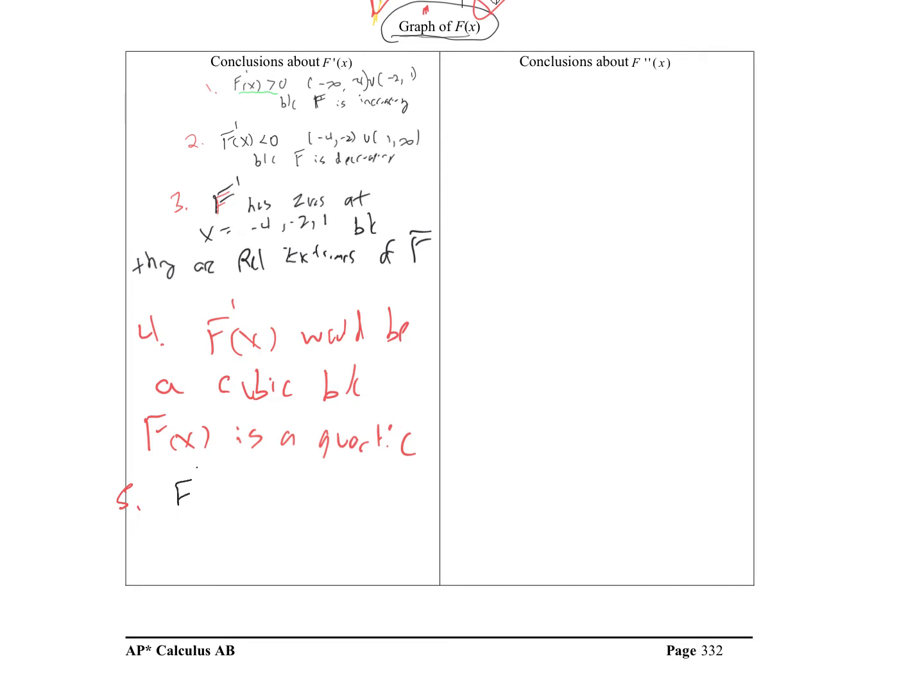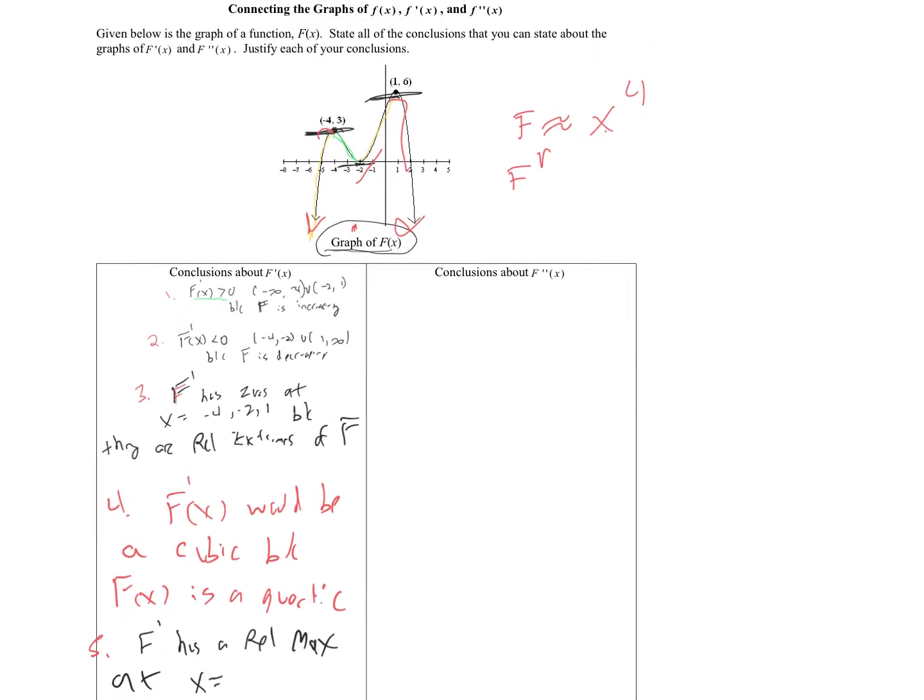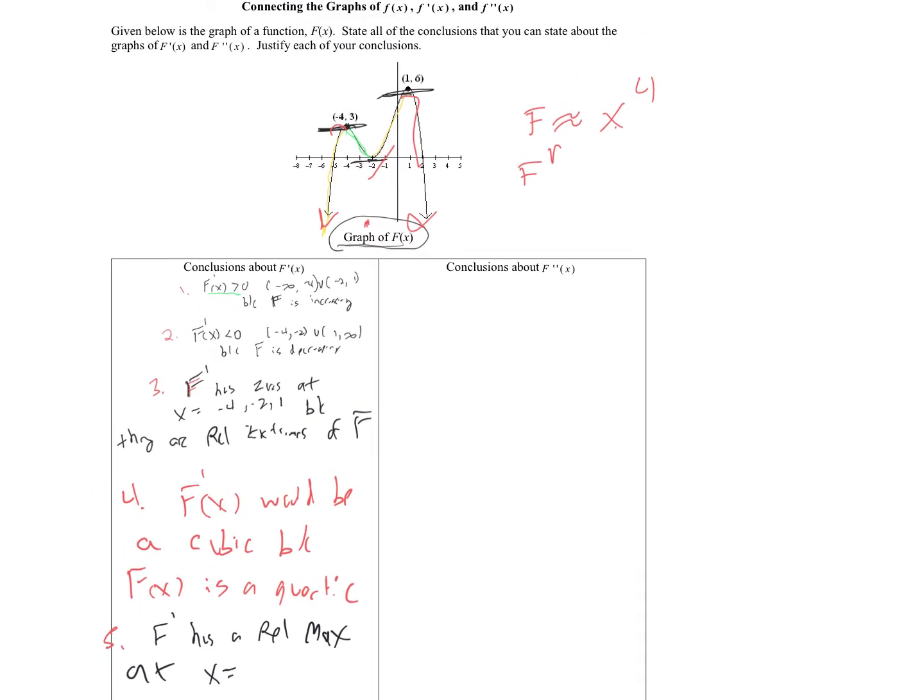F prime has a relative max at x equals, if I'm only looking at this as a quartic function, and I want to visualize the cubic. First of all, would the cubic look like that?